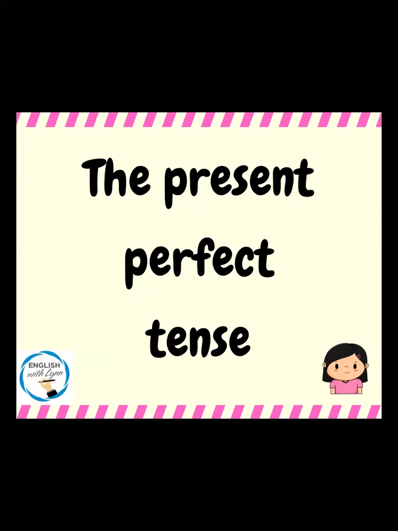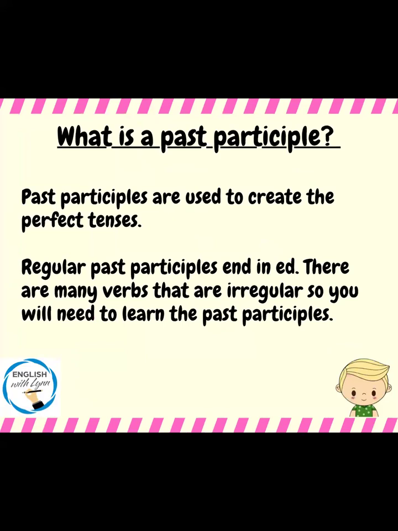Before we do that, though, we need to understand the different verb forms, and the verb form that is used to create all of the perfect tenses is called a past participle. And in English, we have regular verbs and we have irregular verbs.